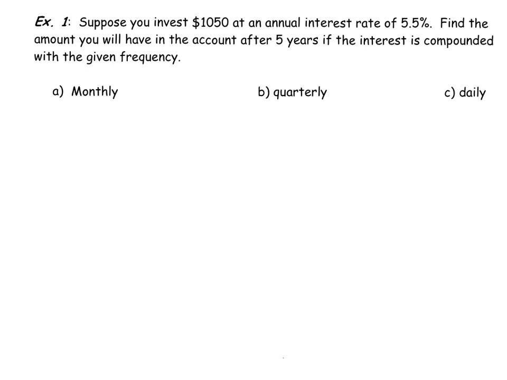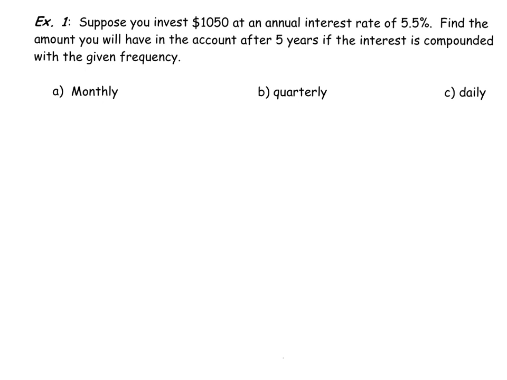So let's take a look at this example. Suppose you invest $1,050 at an annual interest rate of 5.5%. Find the amount you will have in the account after 5 years if the interest is compounded with the given frequency. So let's look at one together.